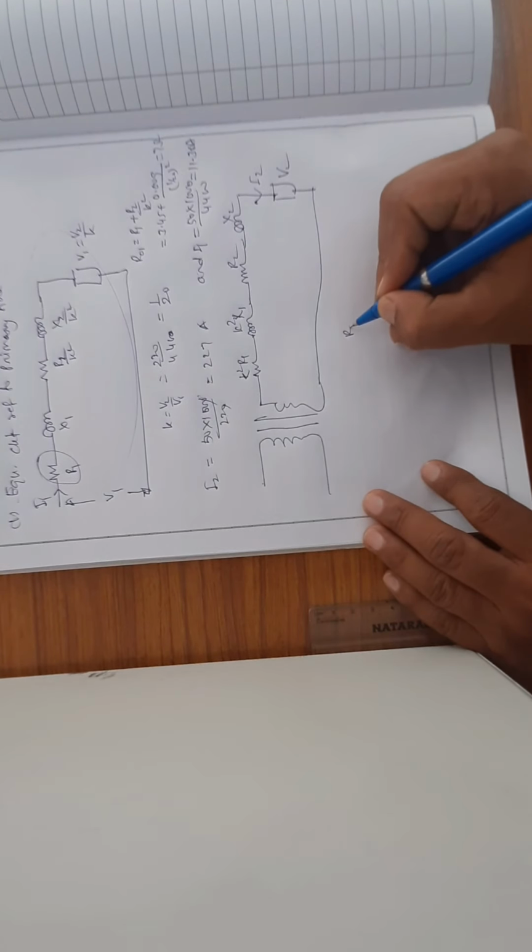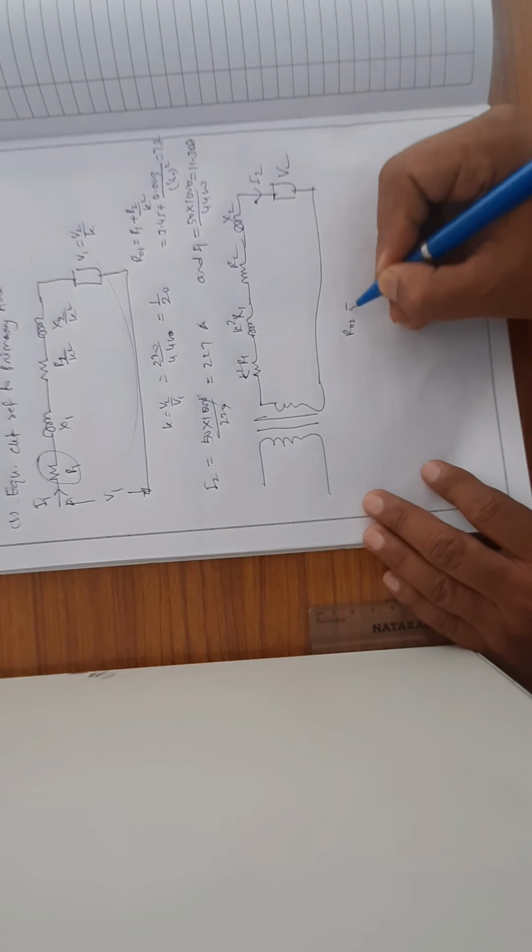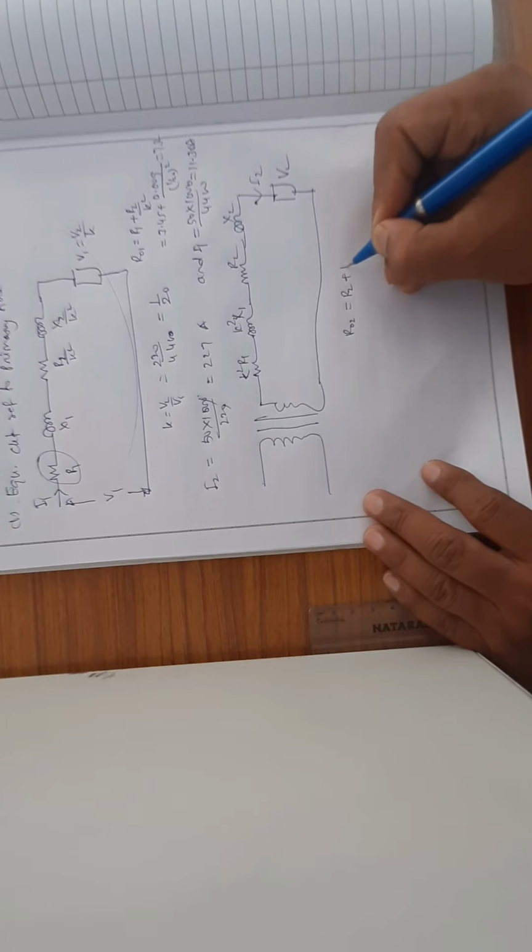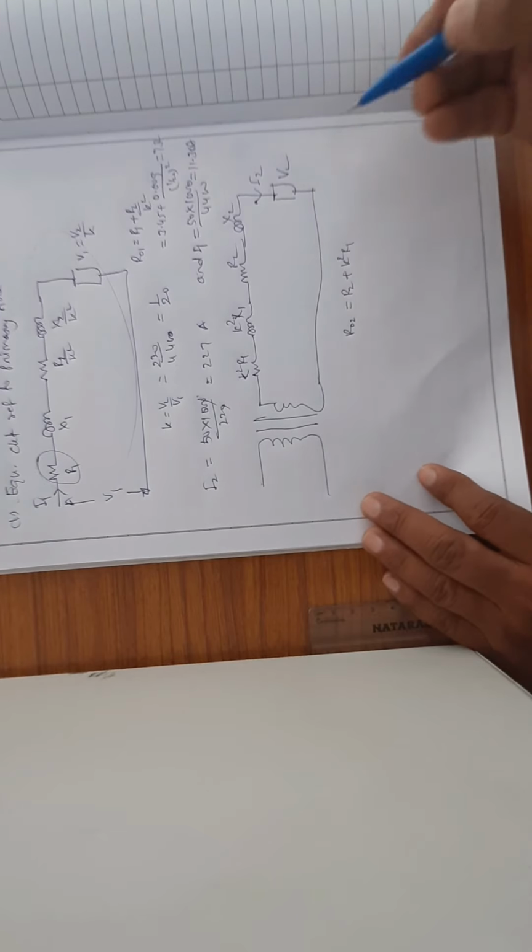Similarly, R02 equal to R2 plus K square R1.